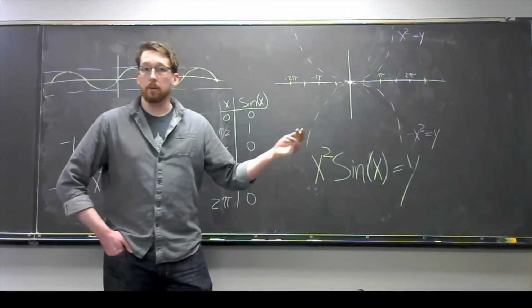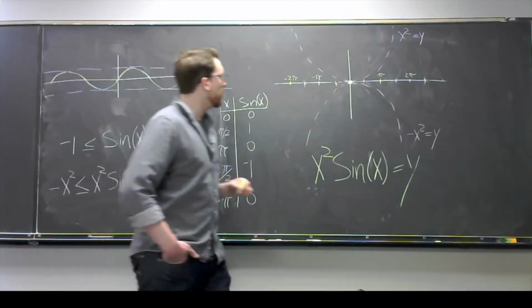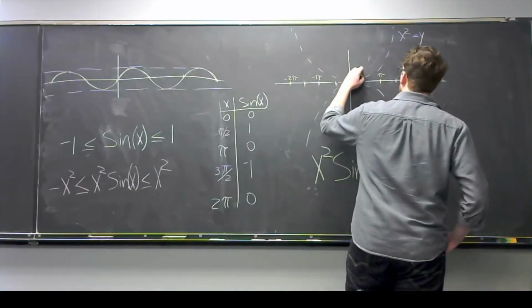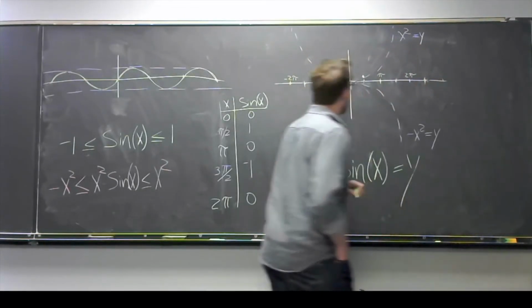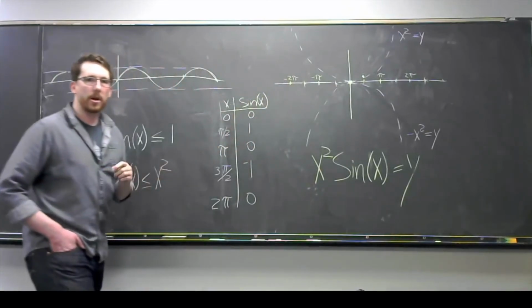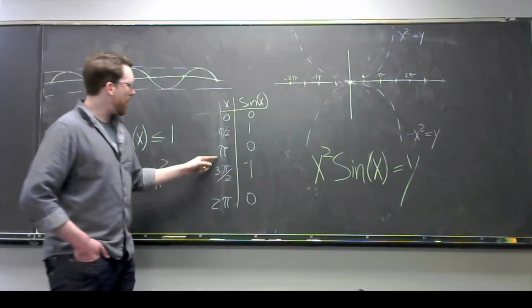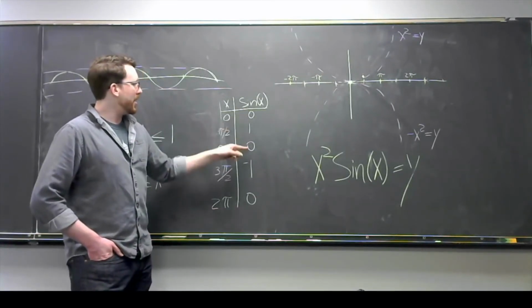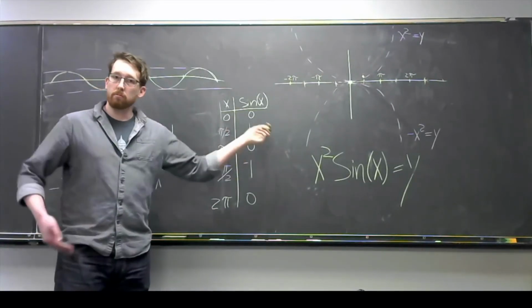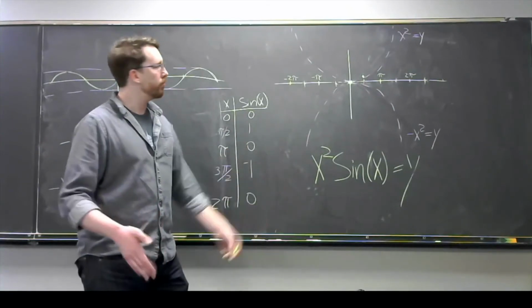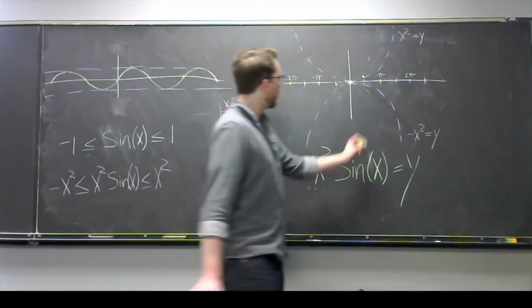Well, that's just going to be pi over 2 squared. That's up here. That touches the purple line to the top. At pi, sine is 0, so 0 times pi, still 0. We're right here.